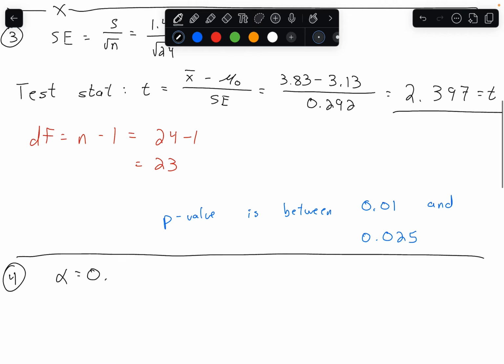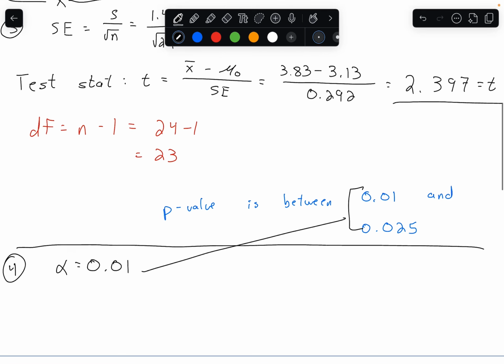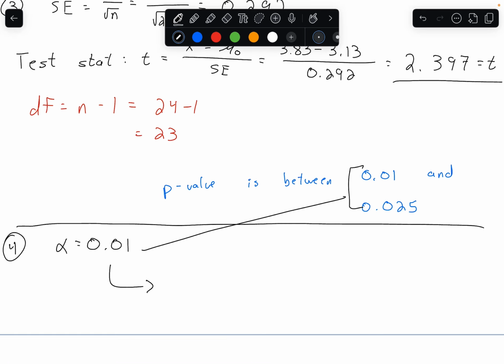I'm comparing alpha to the p-value I found at the end of step 3, which is between 0.01 and 0.025. When I ask, is the p-value less than alpha? If it's between these two, it's bigger than 0.01. So the answer is no, the p-value is not less than alpha. We would say the p-value is greater than alpha.